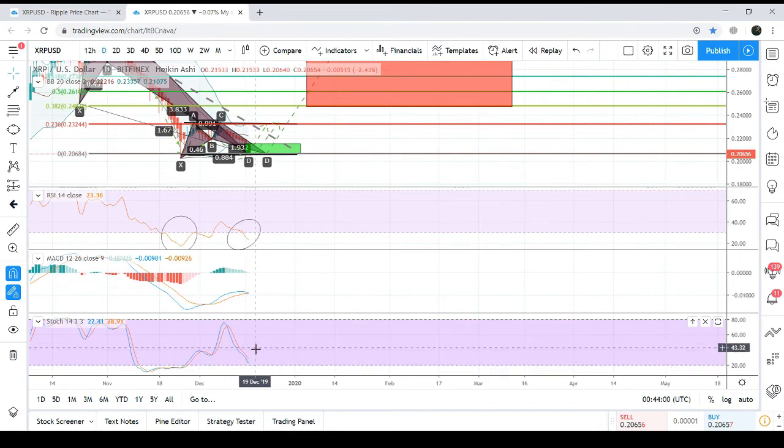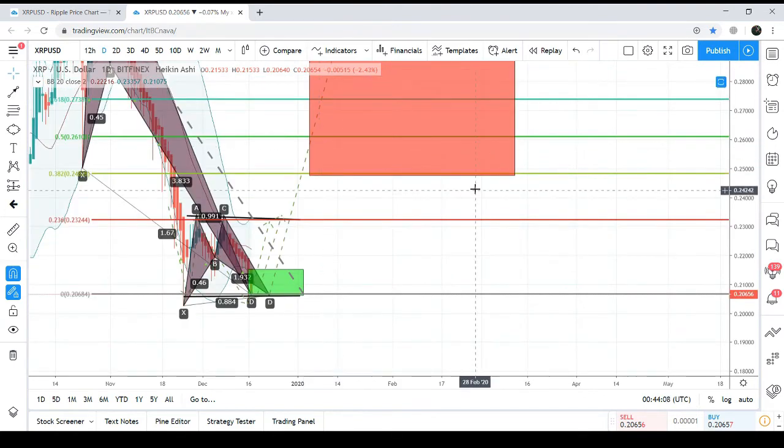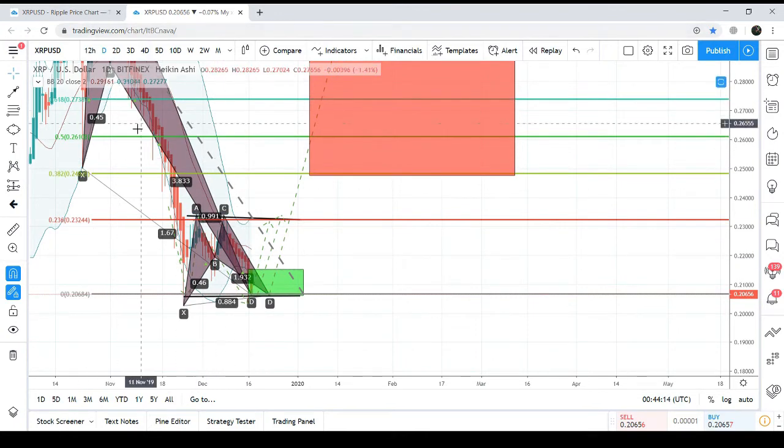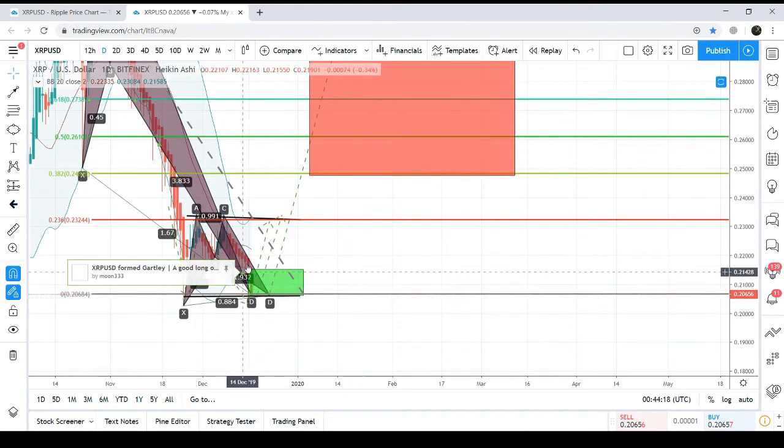When it gives us the bull cross and the MACD turns strong bullish, then the price action can make a very strong bullish move, because we have the support of two patterns, the harmonic pattern within another harmonic pattern, and the support of the channel as well.